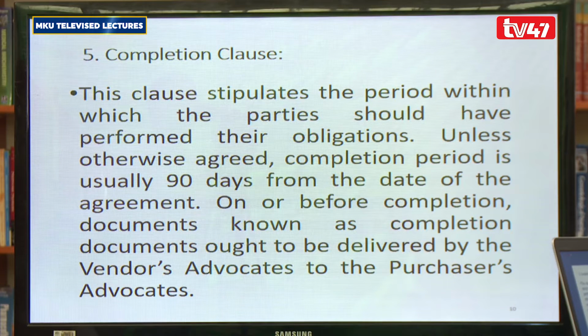What that means is that within this period of 90 days, the vendor should ideally have received his money, and the purchaser should have received the title to the property in question. The completion clause and the consideration clause must be drafted very carefully so as to ensure that the transaction in question ends successfully and lawfully.